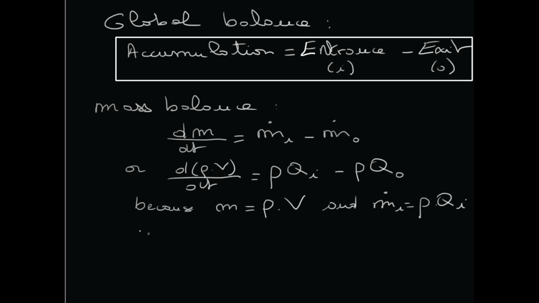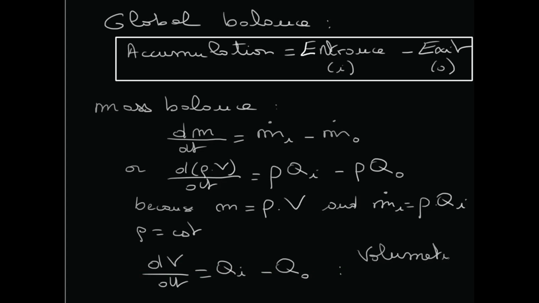As rho is constant during the time, we can take it out of the accumulation term, and we will have a simplification of all the rho in the equation. So we will have at the end dV on dt is equal to Qi minus Qo.